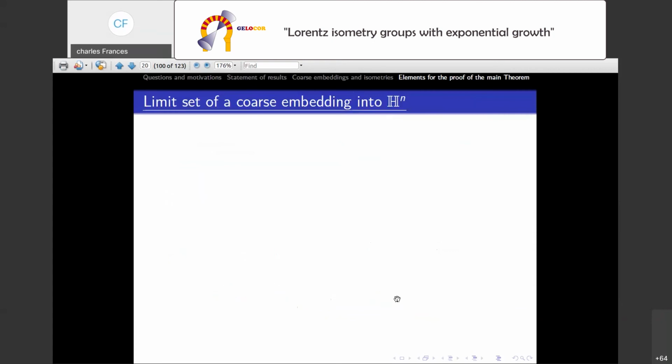So another geometric notion of interest with coarse embeddings into hyperbolic space is the notion of limit set. Let's take a general coarse embedding of gamma in the hyperbolic space. You can consider the closure of the image of gamma in the closed ball.